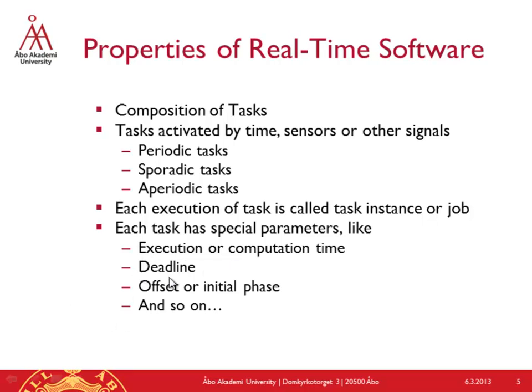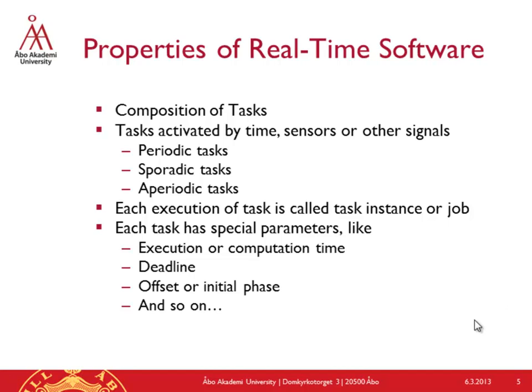Another very, very important parameter of a task is the deadline. The deadline is the time by which the task is supposed to be finished. So before the deadline, the task is supposed to be finished. If it finishes after the deadline, this means a deadline miss, which is supposed to be very bad for real-time systems, or even impossible or unwanted for hard real-time systems.